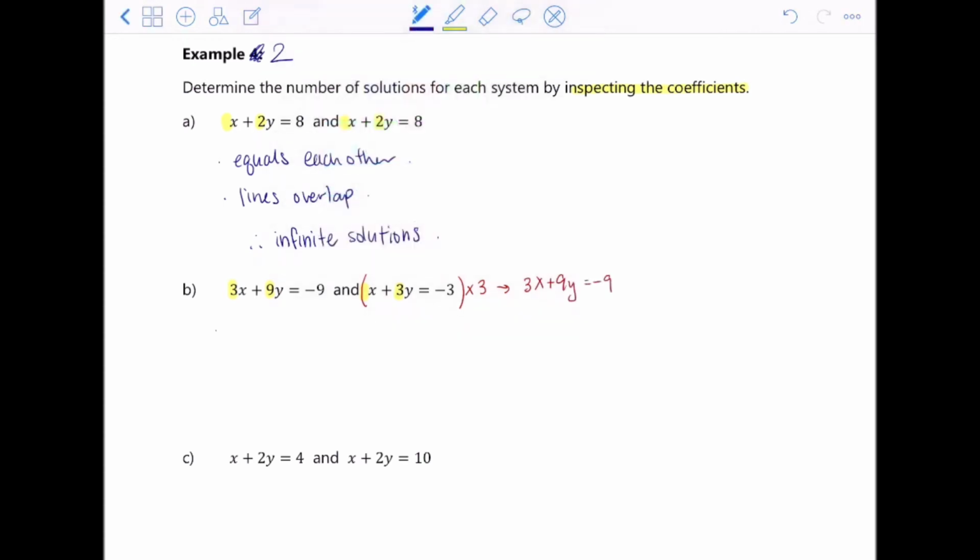So we can say that equation 1 is a multiple of equation 2. Which means that essentially the lines just overlap. Therefore, there's infinitely many solutions.